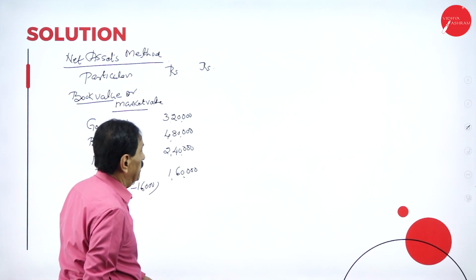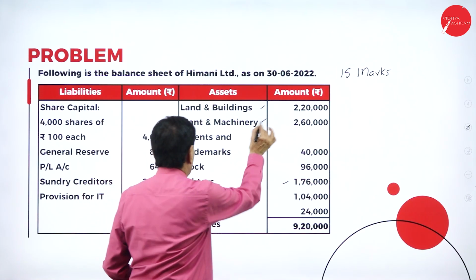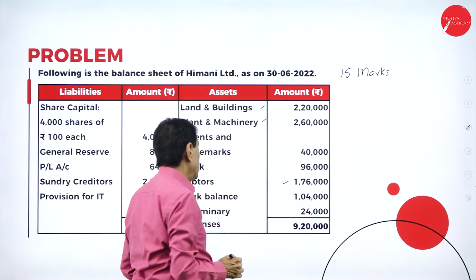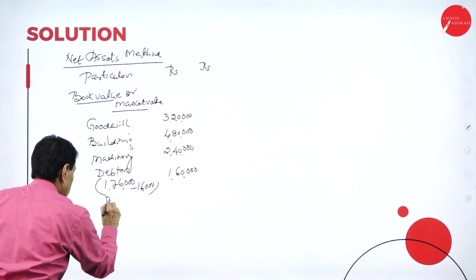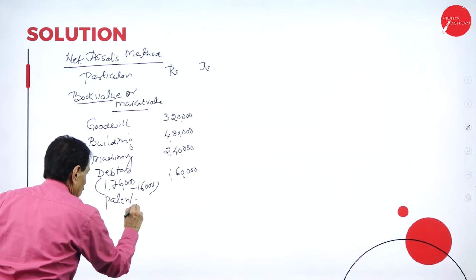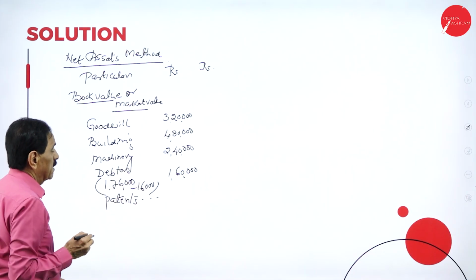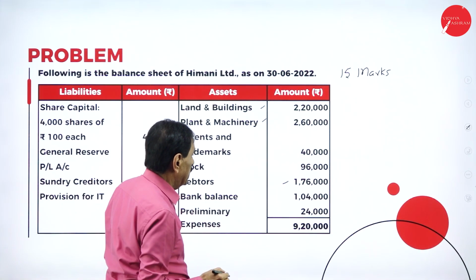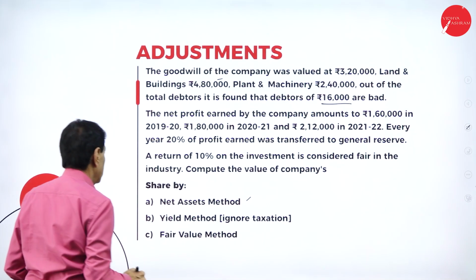No information about other assets. Patents and trademark, same. Patents and trademark, 40,000.